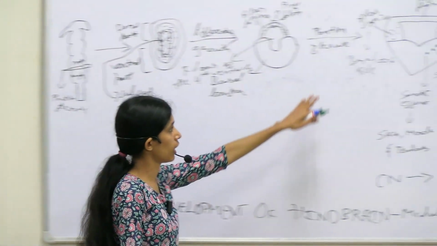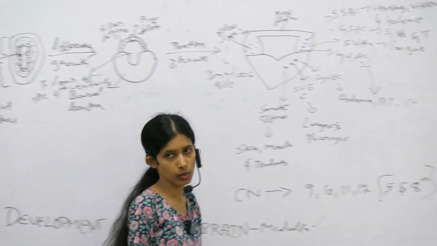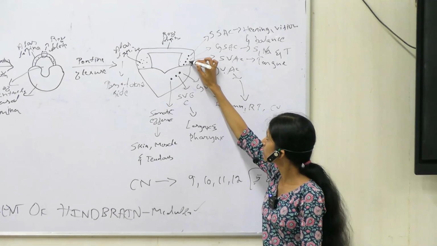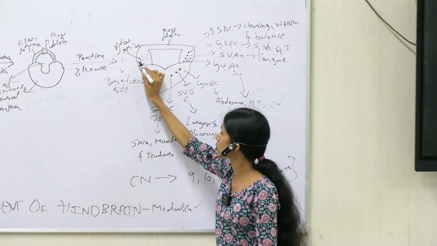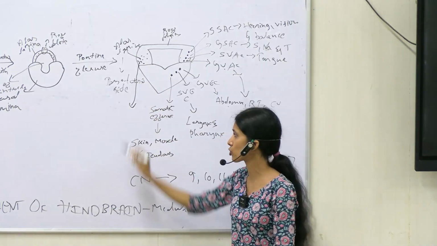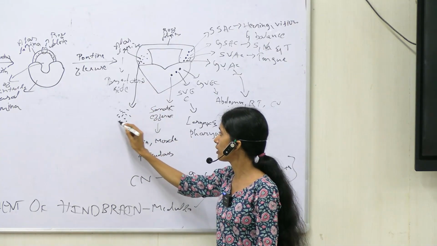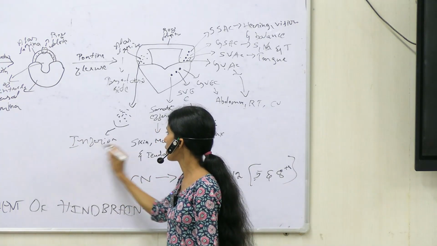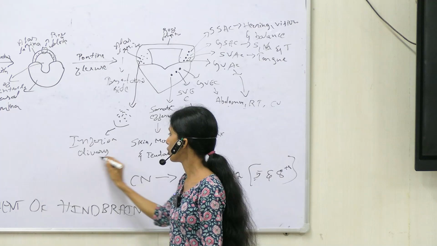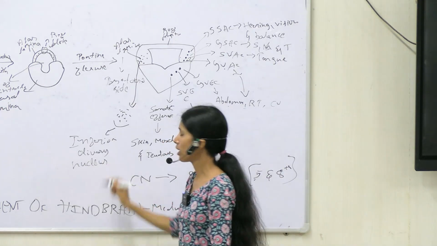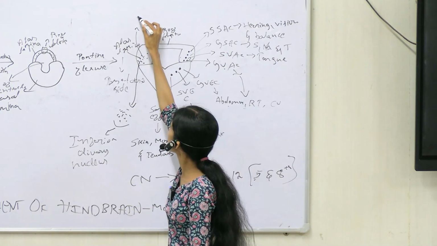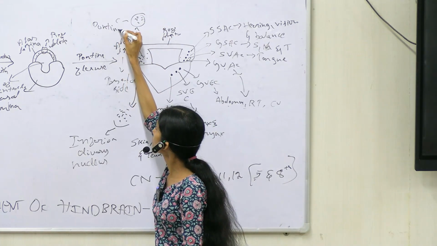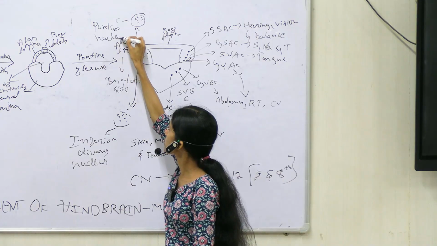After your alar lamina moves towards the dorsolateral side, there are a few cells that move. I'll write it here: there are a few cells which move in the downward direction and give rise to your inferior olivary nucleus, and some cells will move in the upward direction to give rise to the pontine nucleus.